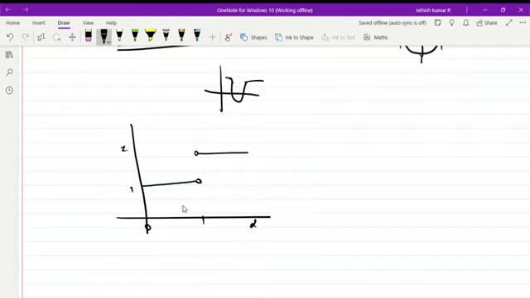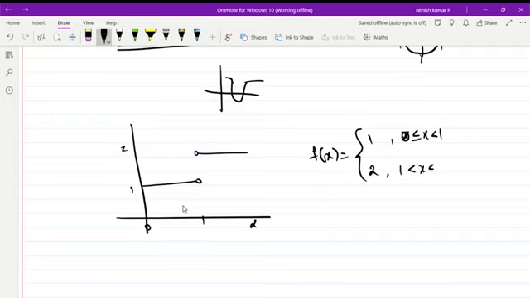So this is the function which is not taking any value at 1. That is, f of x is equal to 1 if 0 less than or equal to x less than 1, and it is 2 if 1 less than x less than or equal to 2. You can observe x is not taking any value at 1, so it has a discontinuity at 1.